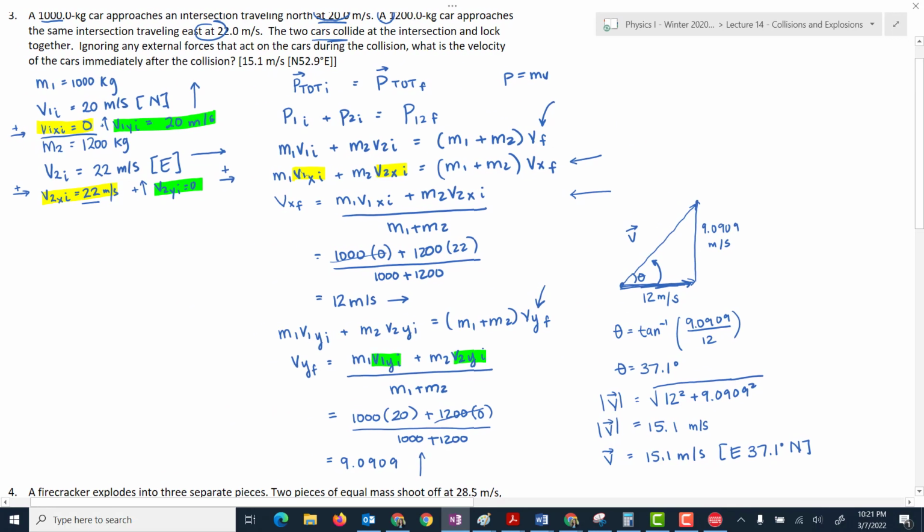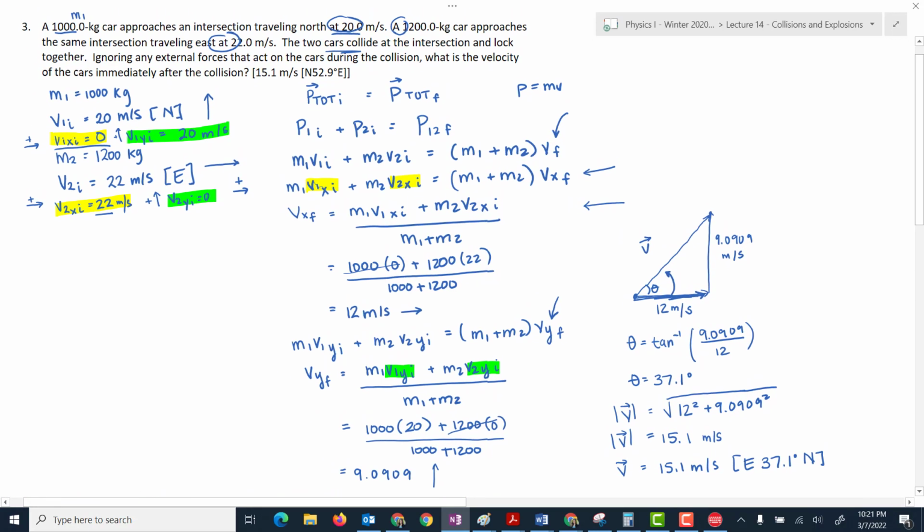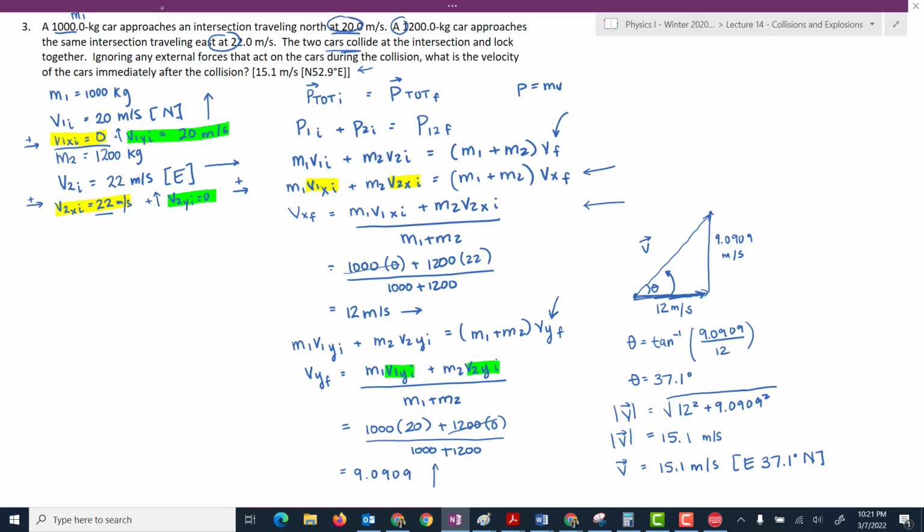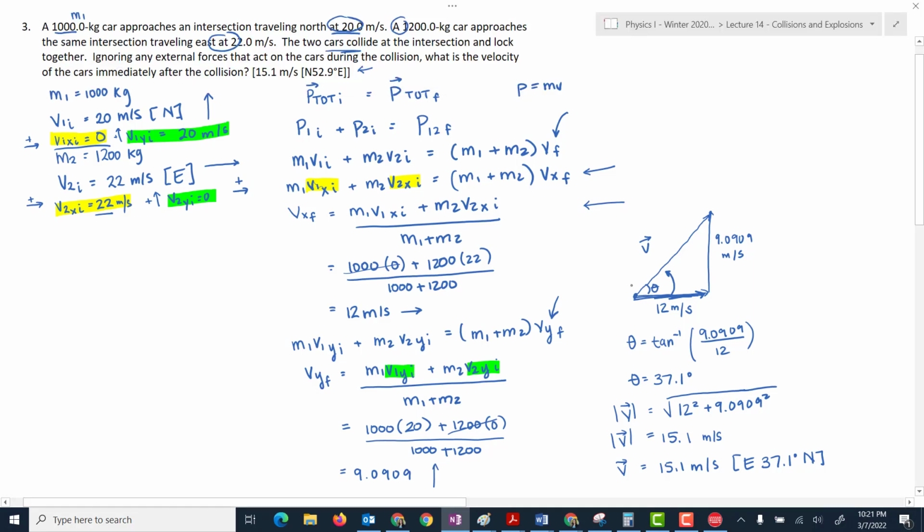Now notice in the answer that I wrote in the question up above, I wrote north 52.9 degrees east, and that's really the same thing. So I could have drawn my triangle like this instead. And when I solve for theta, my opposite side would be 12, and my adjacent side would be 9.0909.